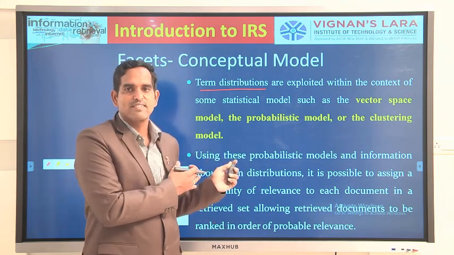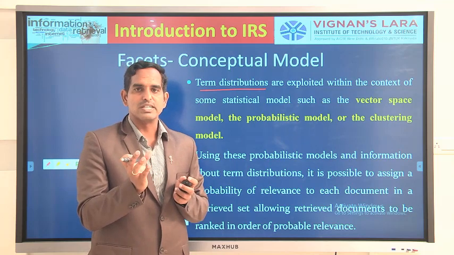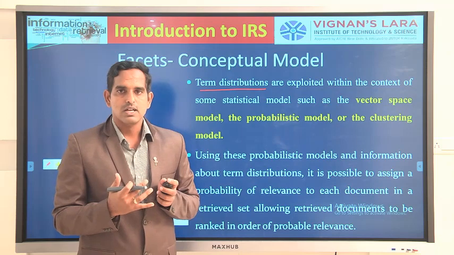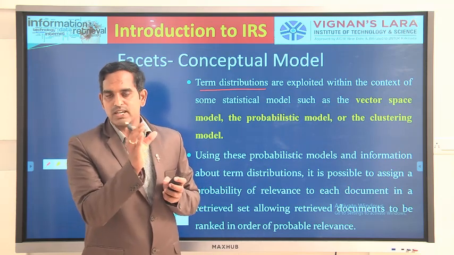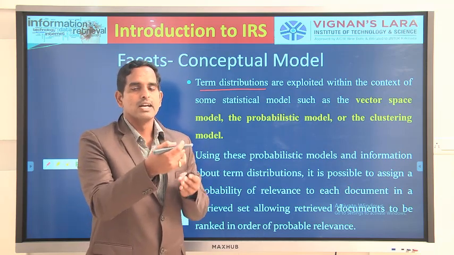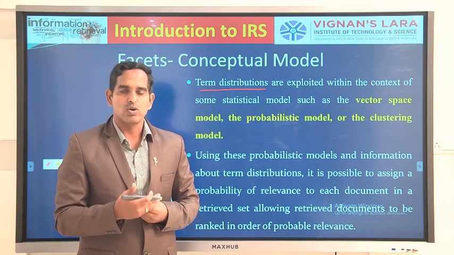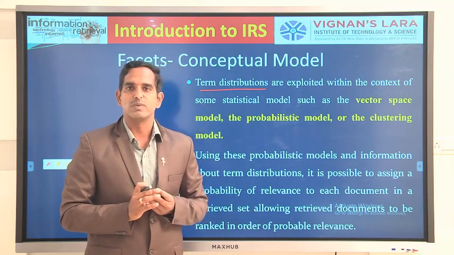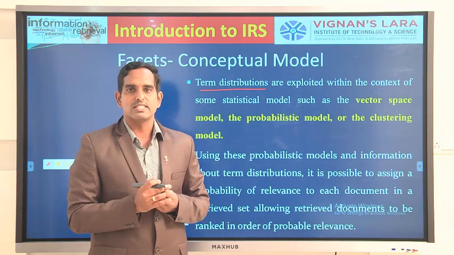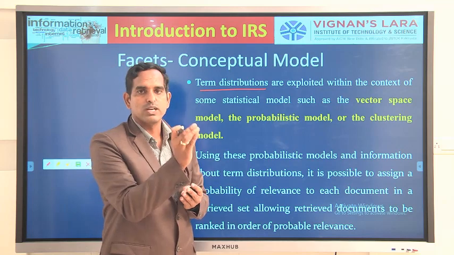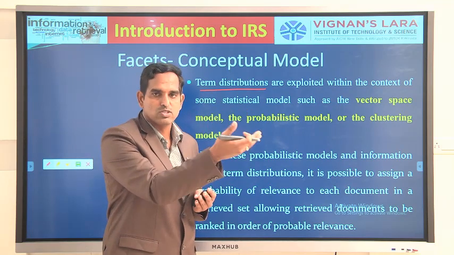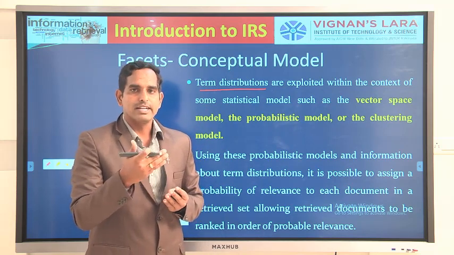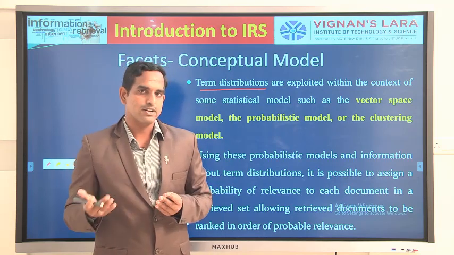As I told you in the previous slide, if you search for the keyword "information retrieval" in all the documents, some documents will have high relevancy and some low relevance, based upon the frequency of that word in the document. Based upon how many times the word is present in one document, you can give it a probability. All these probabilities can be used to rank each and every document.